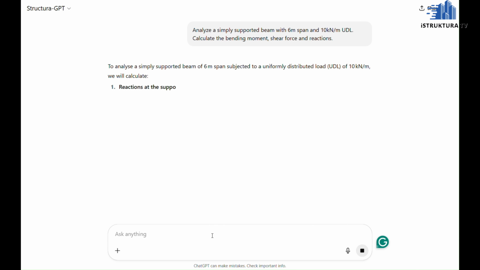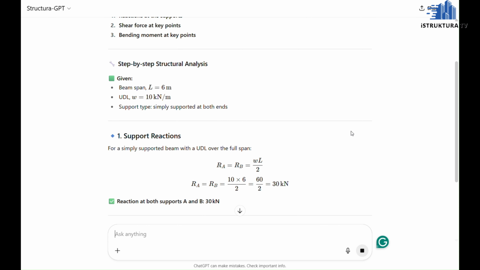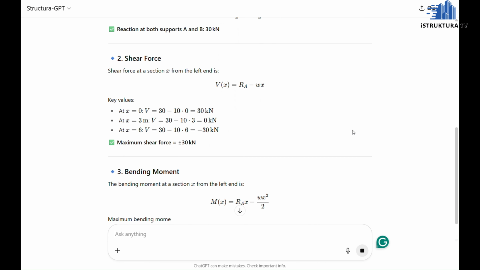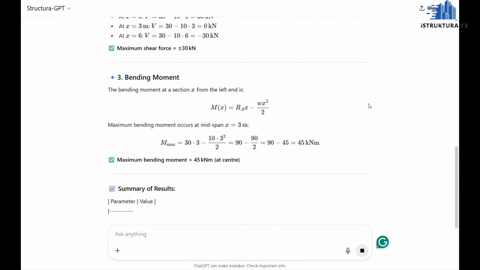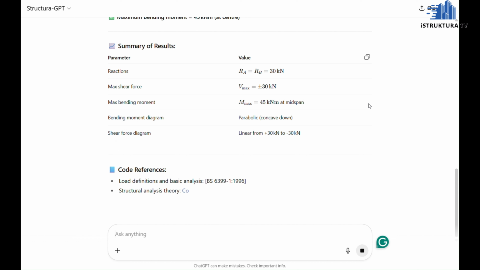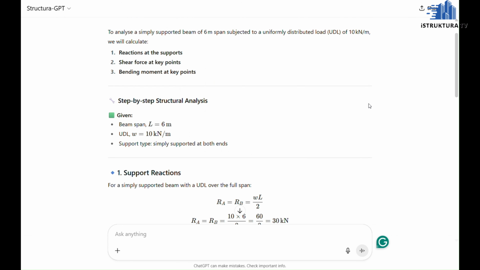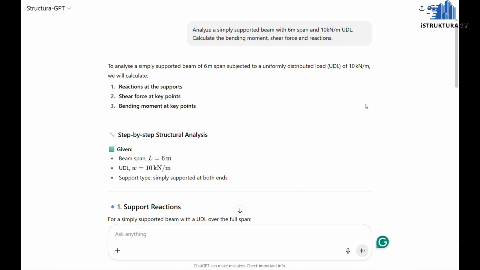It's calculating. Okay, so let's review. Using Structura-GPT, we asked to calculate the reactions at the supports, shear force at key points, and bending moment at key points.